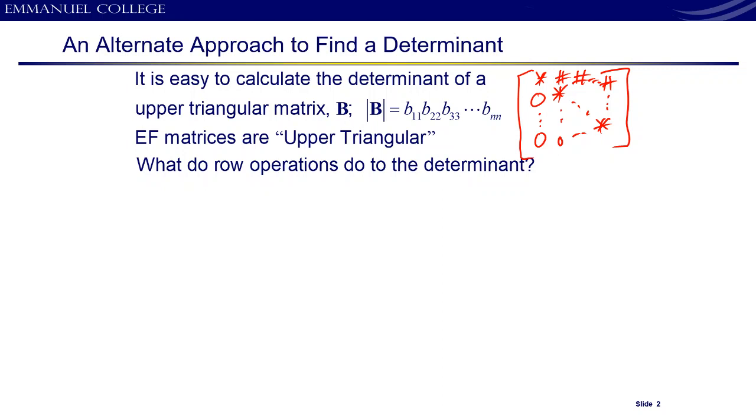The thing that we didn't get to was, well, what if I start doing row operations? That's where you have to be careful, because if you do row operations, you have to keep in mind what happened along the way. If, for example, you're in the middle of doing a determinant and you go, oh, it would be better if row 3 was row 1, and you swap those two, all you have to do is throw a negative out front.